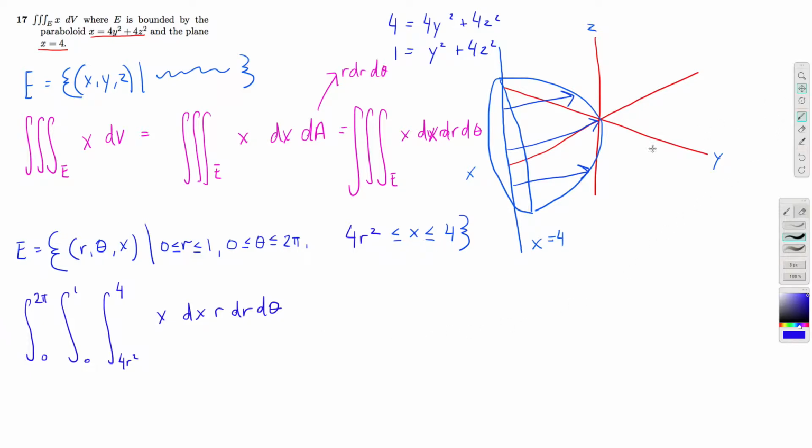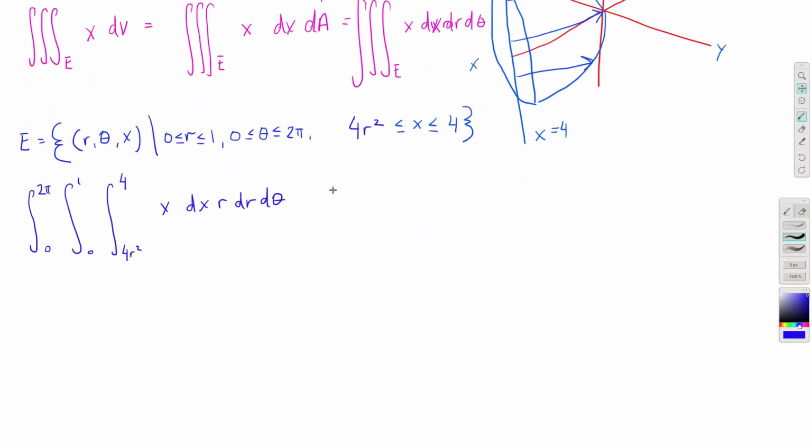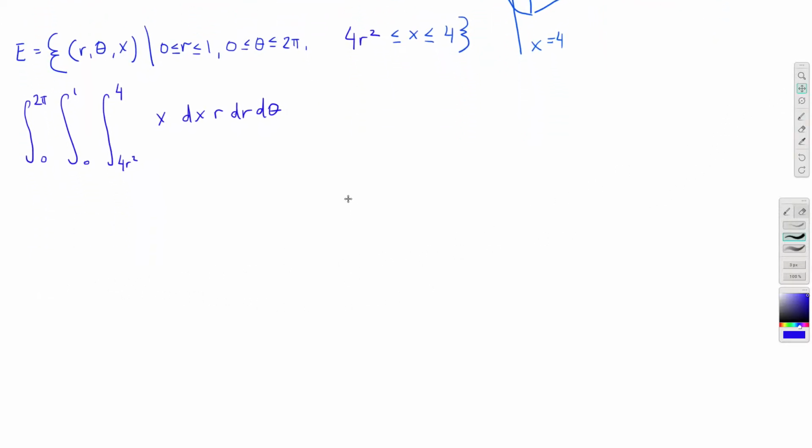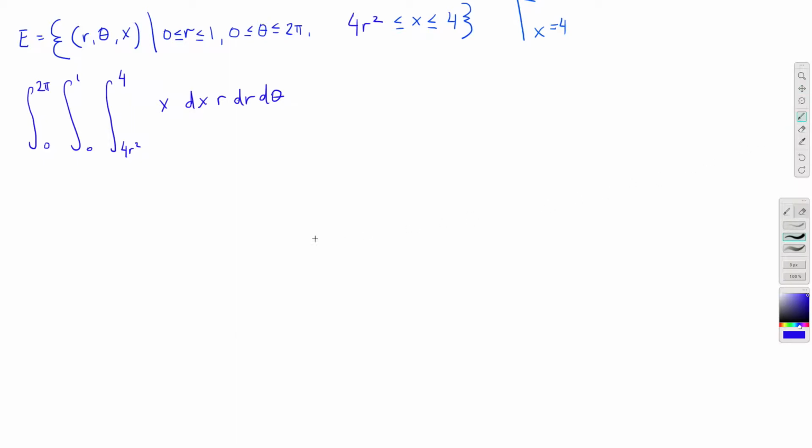After all that work, that's the hard part. Now we do the equation, and it's really just going through the motions. We integrate with respect to x, and we get x squared on 2 between 4r squared and 4, r dr d theta.